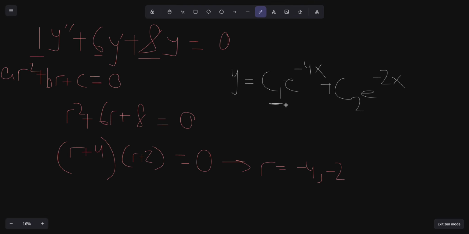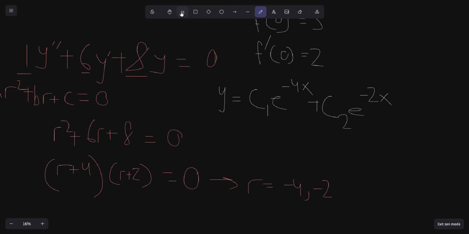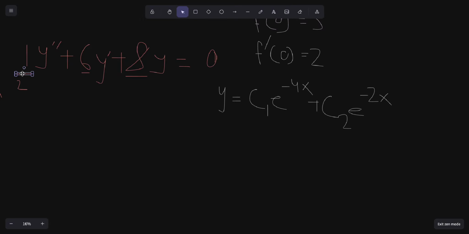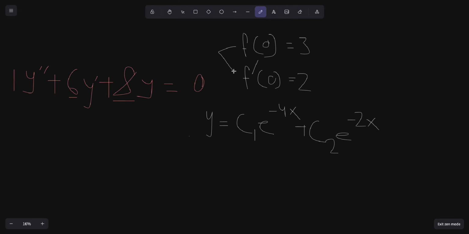But what if we were trying to solve for these constants? So let's say we're given f of 0 equal to 3, and let's say that we were also given that f prime of 0 is equal to 2. How can we solve for these constants? Notice how for a second order differential equation, you need two initial conditions.